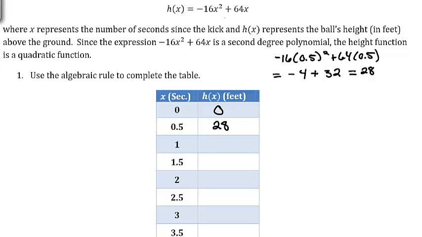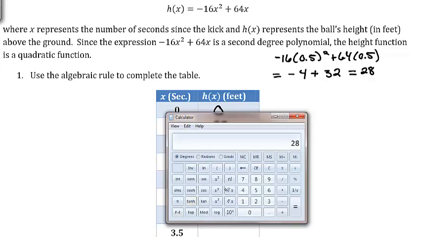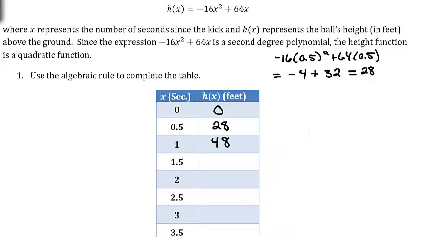And if we plug 1 in there, we get negative 16 plus 64, which gives us 48. And if we plug in 1.5, negative 16 times 1.5 squared plus 64 times 1.5.